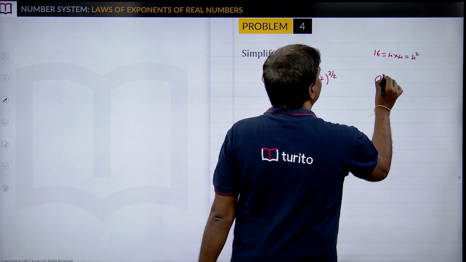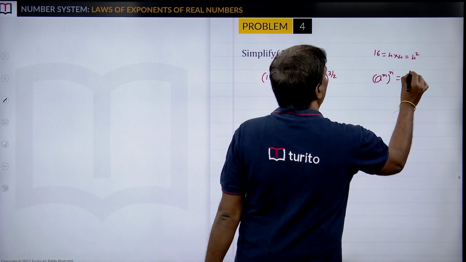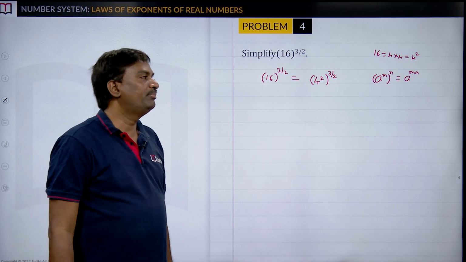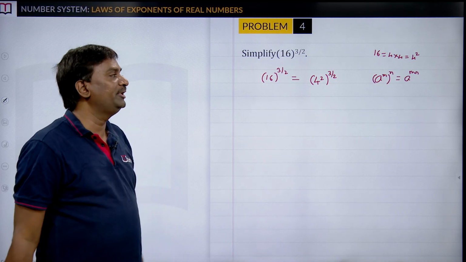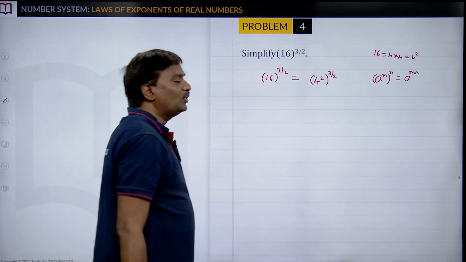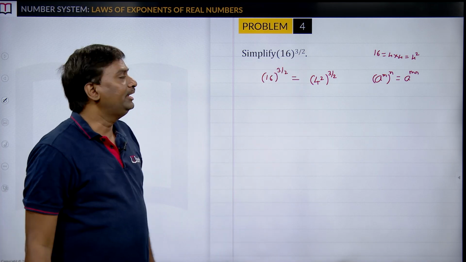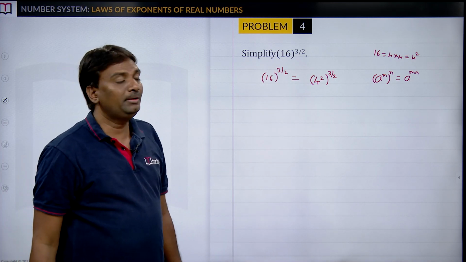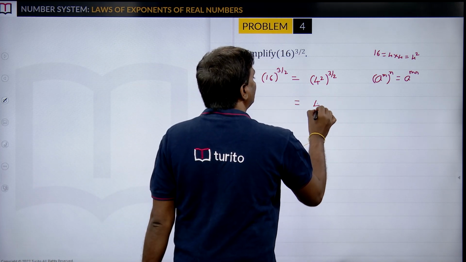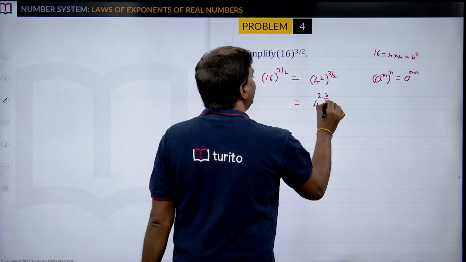Here a equal to 4, m into n is 2 into 3 by 2. In place of m we have 2, in place of n we have 3 by 2. So we can write 4 power mn, 2 into 3 by 2.